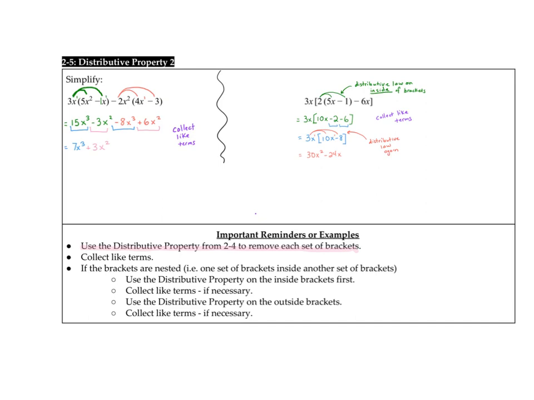Then you're going to collect like terms. If the brackets are nested, which is the second example, you use the distributive property on the inside brackets first, and then use the distributive property on the outside brackets.